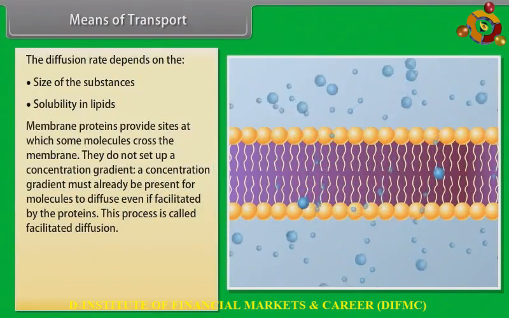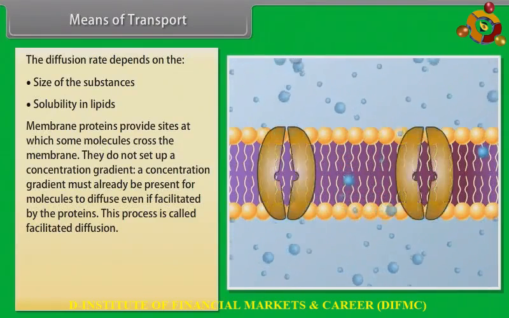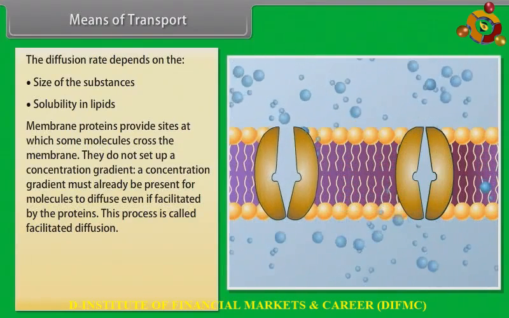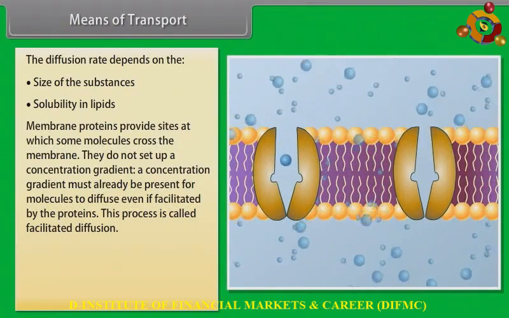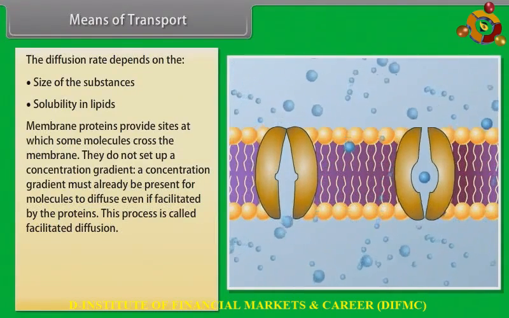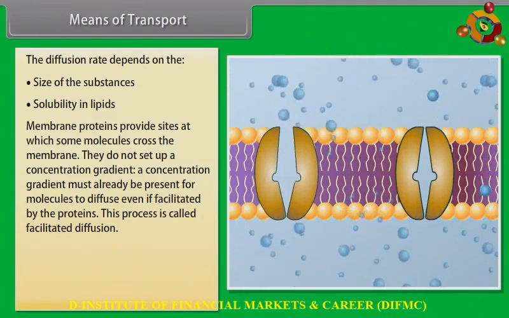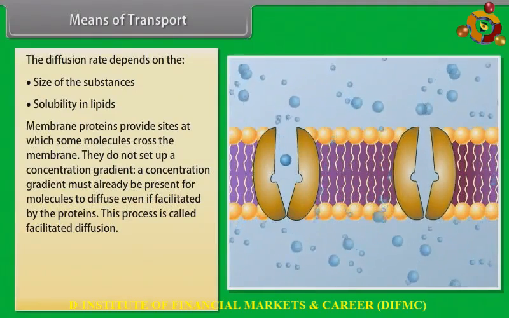Membrane proteins provide sites at which some molecules cross the membrane. They do not set up a concentration gradient. A concentration gradient must already be present for molecules to diffuse, even if facilitated by the proteins. This process is called facilitated diffusion.